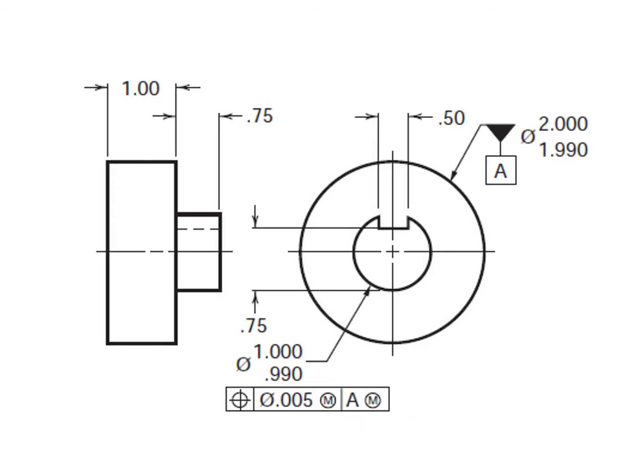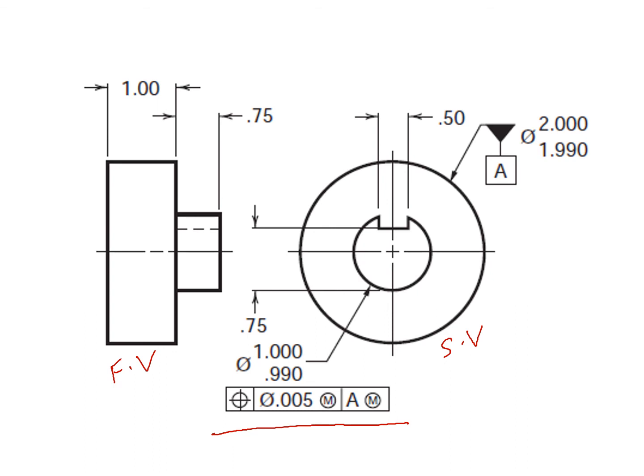So right now what we need to see is that we have two views. One is a front view, the other is the side view. So which one would you like to call? Let's say this is the front view, this is the side view of a certain feature, and you can see the feature control frame right here.